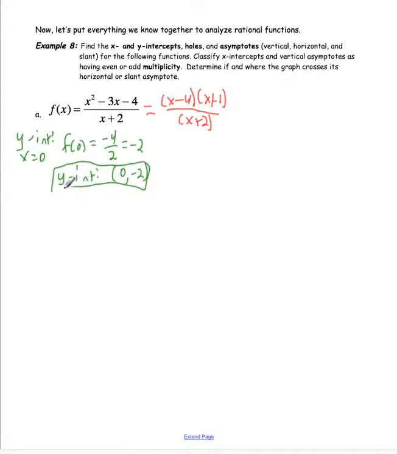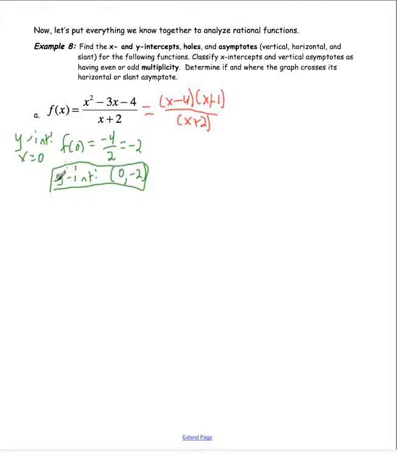Okay, next we'll see about x-intercepts. x-intercepts are going to be points where the numerator equals 0, but the denominator is not equal to 0. And we don't want the denominator to be 0 because then the function would be undefined.